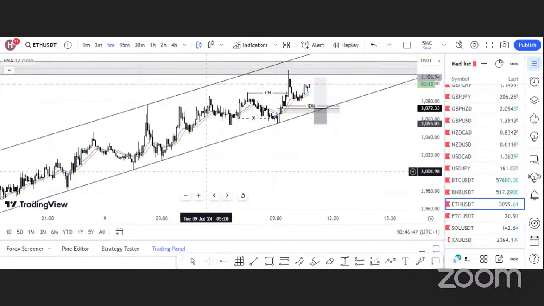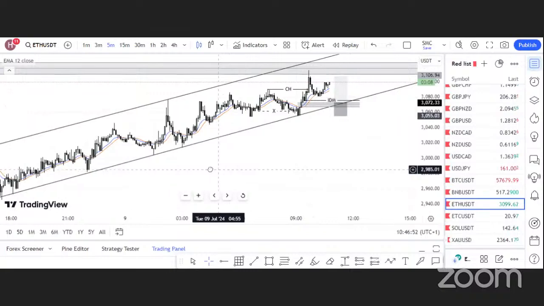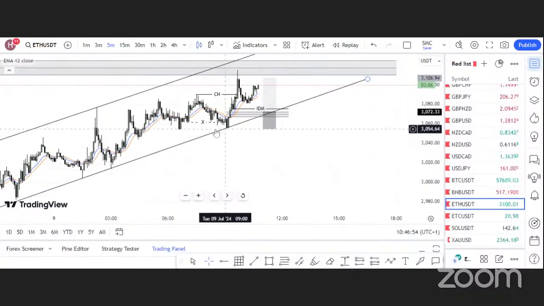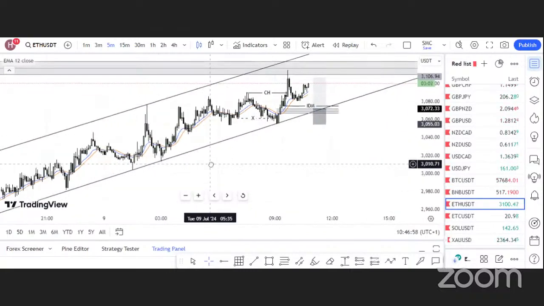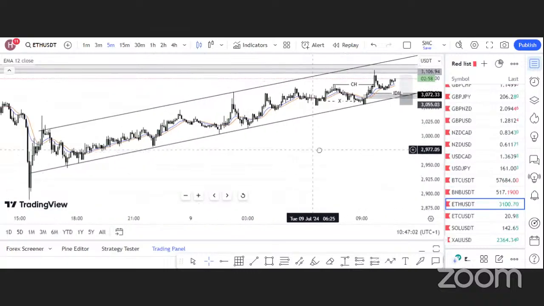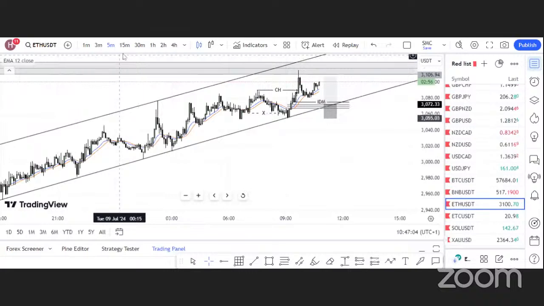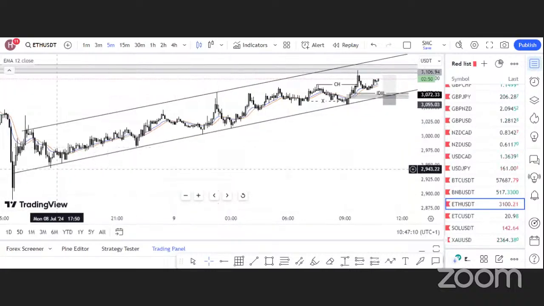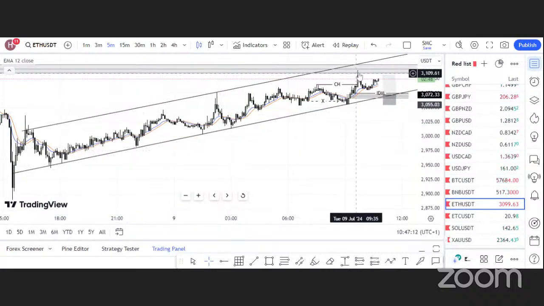So now on the lower time frame, we can see this clearly, and as I've said earlier, it's a bullish move. I had my trend line connecting the dots from the low of the market to the current high of the market.